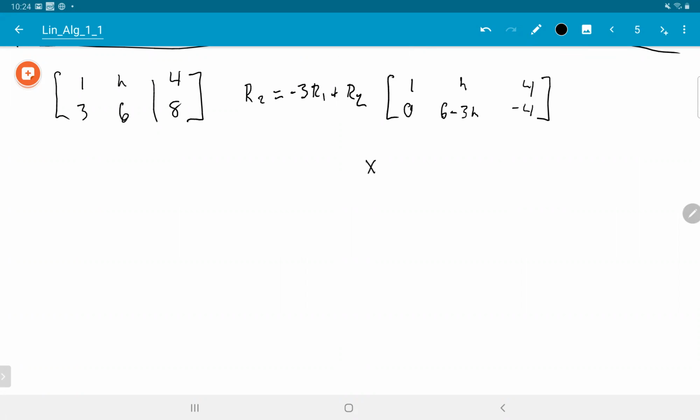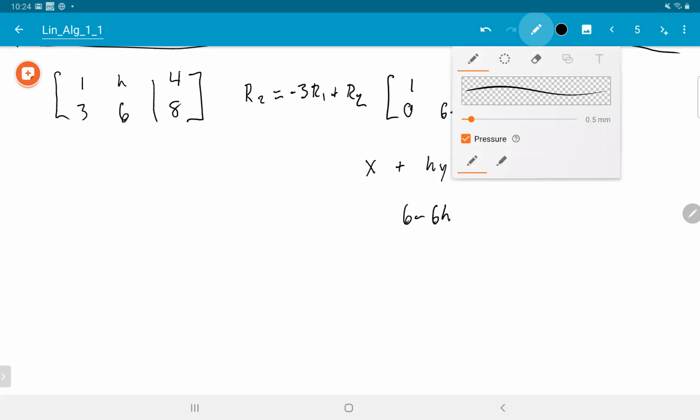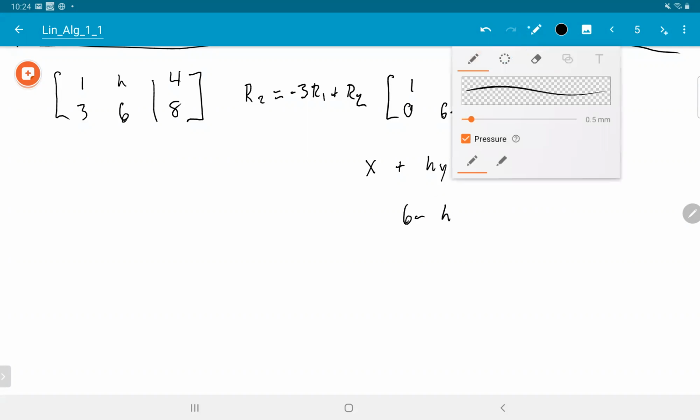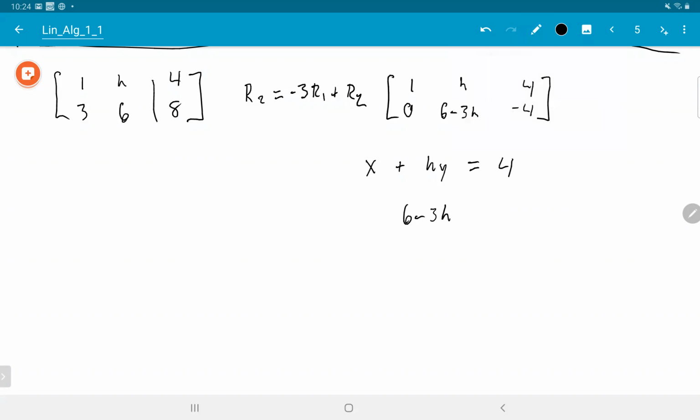So we'll have x plus h times y is equal to 4, and we also have 6 minus 3h, sorry, times y is equal to -4.